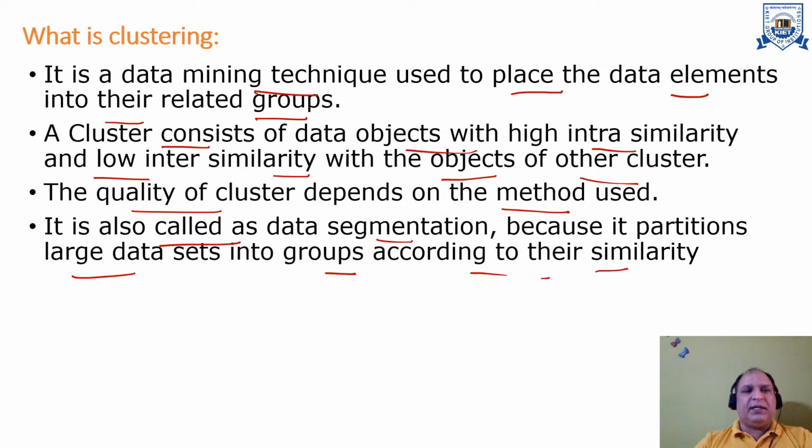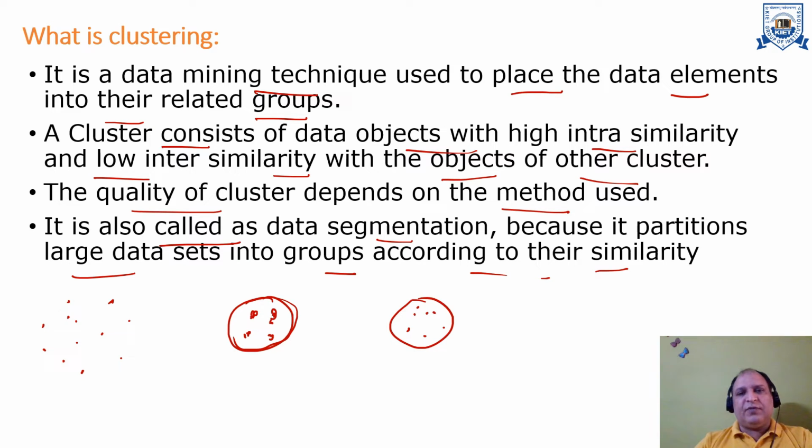So what's happening here? Suppose we have so many points. Now we are dividing these points into some groups, suppose two groups. A few points come into this cluster and the rest come into this cluster. The points inside a cluster are similar, but dissimilar from the points of the other cluster.